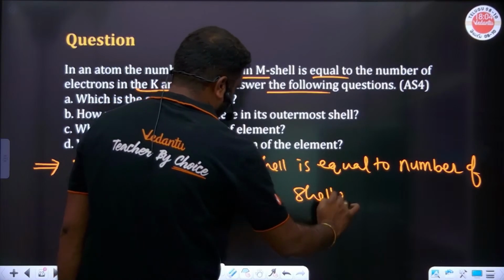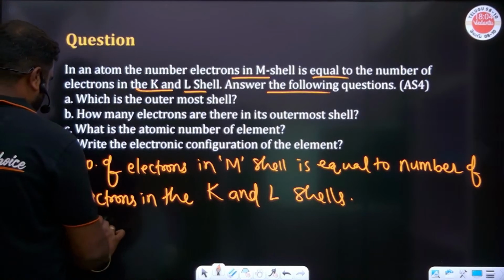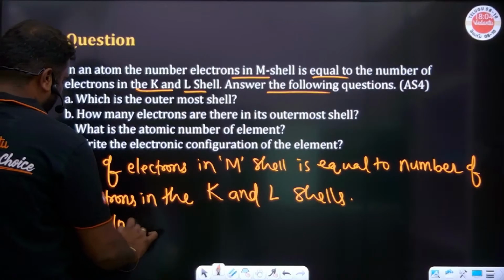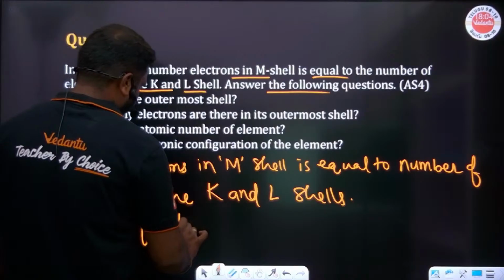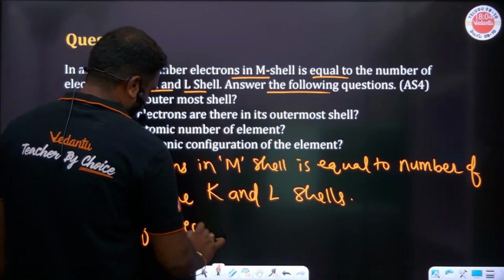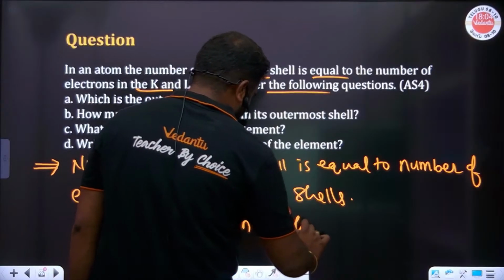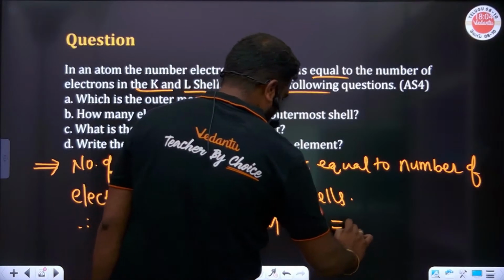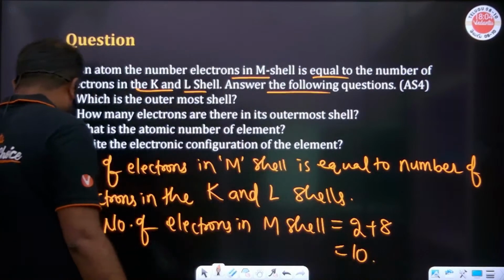Therefore, the number of electrons in the M shell is 2 plus 8, so 10 electrons will be present.